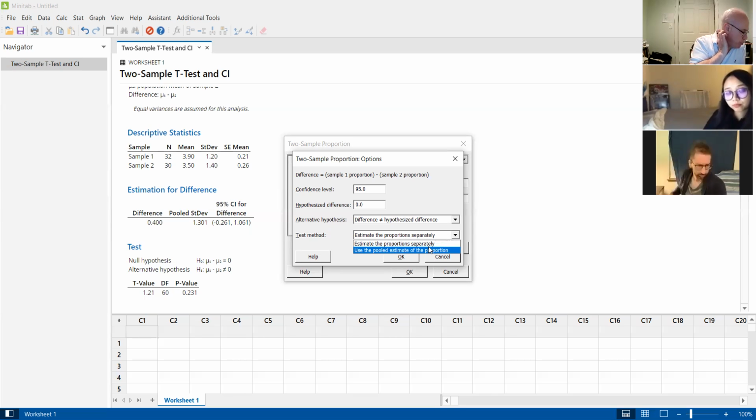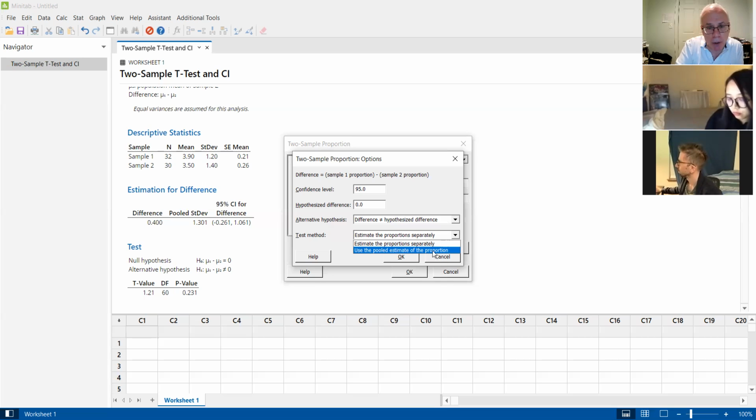Let me just see something for a second. Oh, wait a minute. It depends on whether the difference is 0 or not, right? If you look on page 391 in your text, it says if the hypothesized difference is 0, the usual case, we use the pooled method.